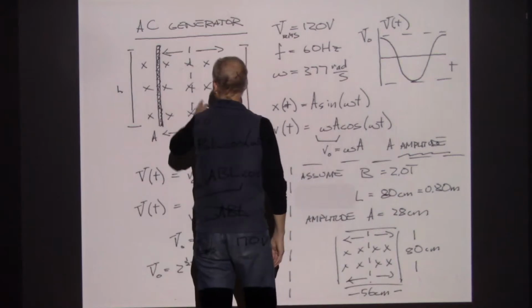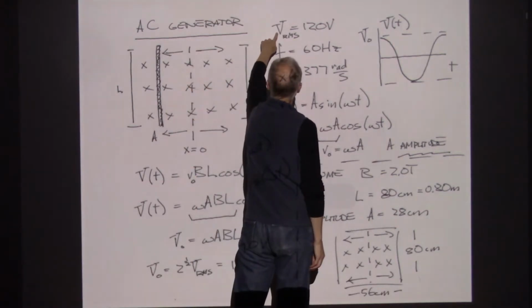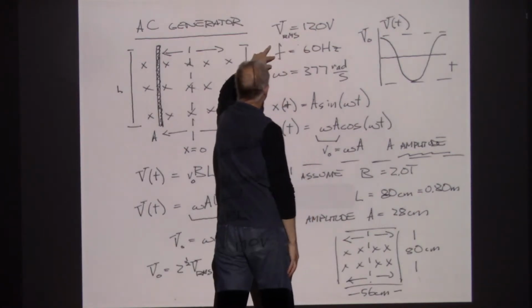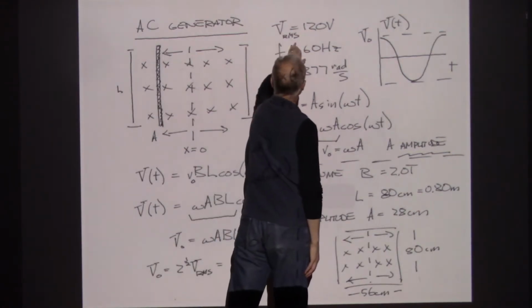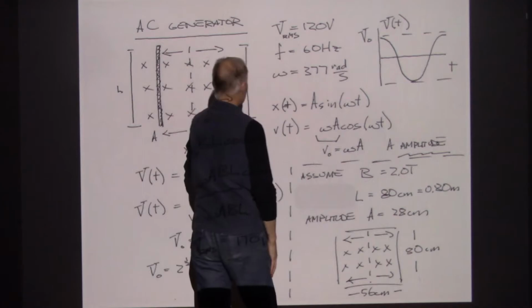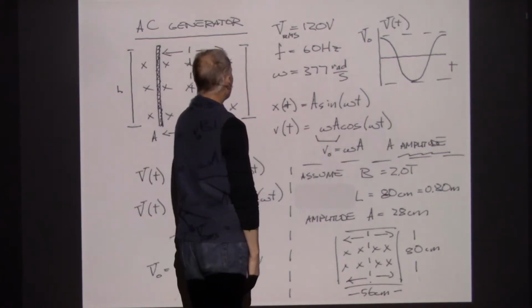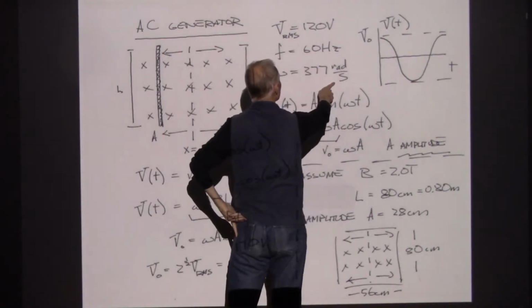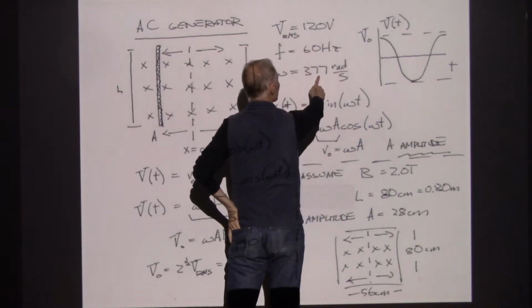So what we've got here then is, we want a VRMS of 120 volts. The frequency we're hoping for here is 60 hertz, and the frequency that we want in terms of radians per second is 377.